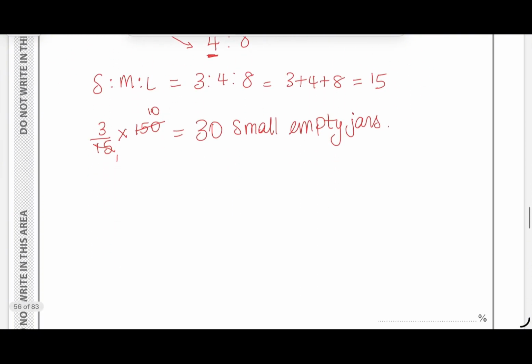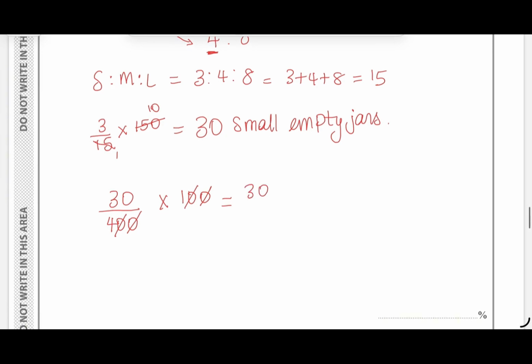So we're going to do 30 over 400 times by 100, because we know percent means 100, and to find the percentage of any fraction you multiply by 100. So you could just cross out the zeros very nicely. So cross out the zeros there, and then you have 30 over 4.